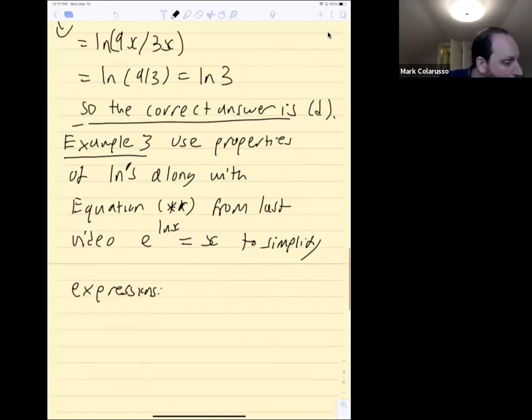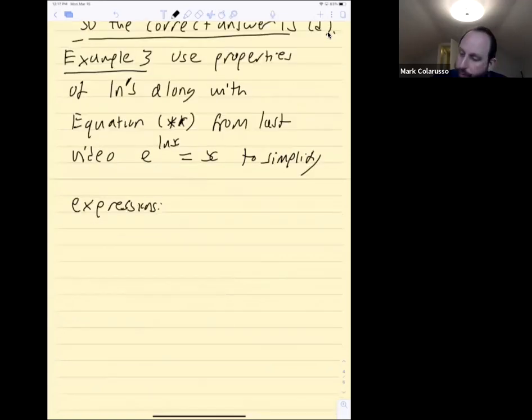So here's the example. Simplify the following expressions.